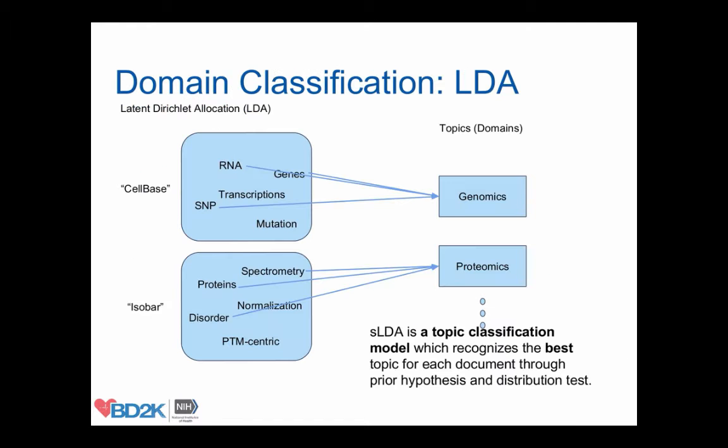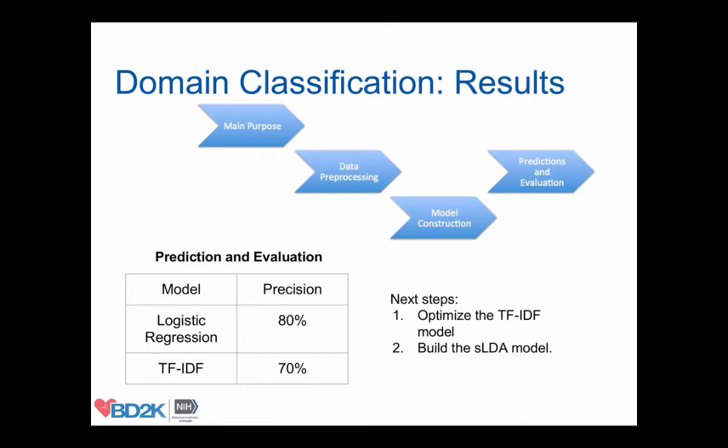The current thing we're trying is a topic model called LDA, which uses a probability distribution of words to describe domains. This is a work in progress. So far, I think our precision is about 80% with logistic regression. Initial results suggest that LDA is going to do better than that. In the future, we're going to have an integrated approach, hopefully with even better precision.